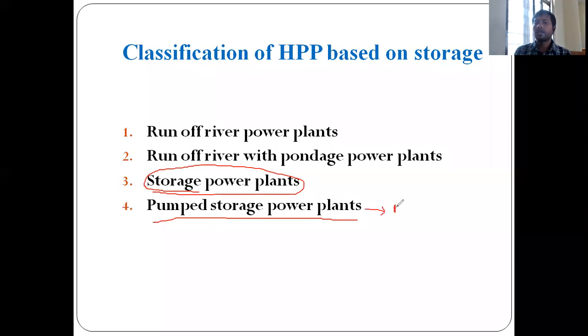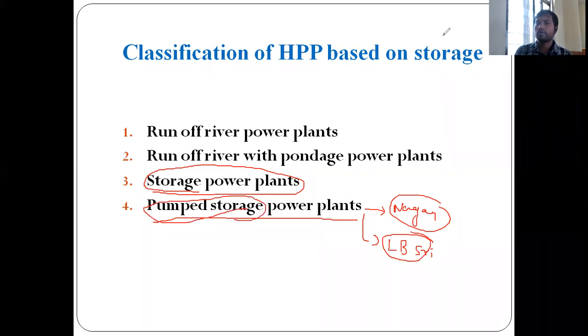Nagarjuna Sagar in Telangana is an example of a pumped storage power plant, and also the left bank Srisailam power plant has pumped storage capacity. What is pumped storage?